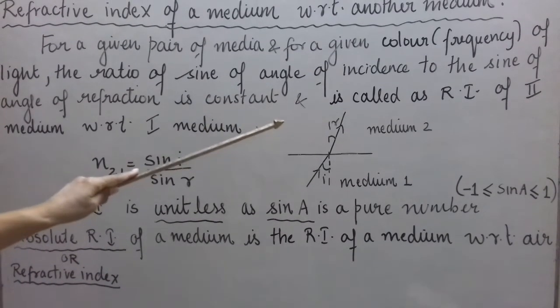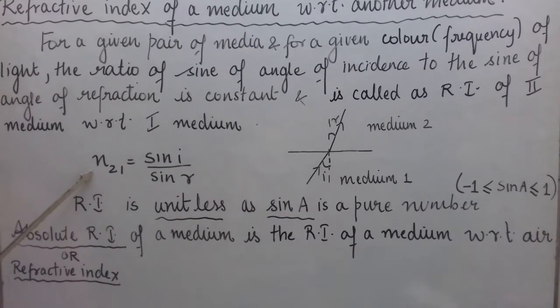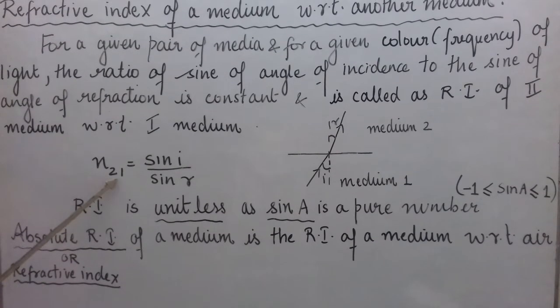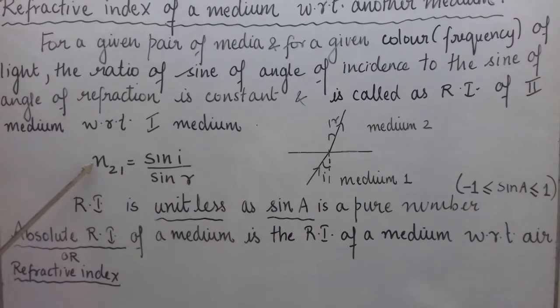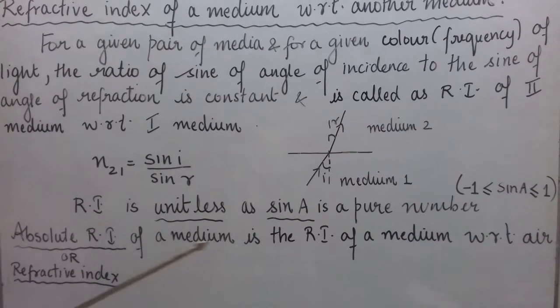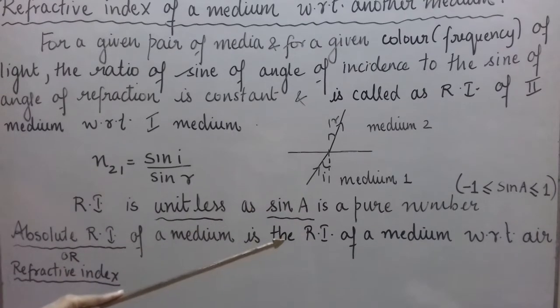If the second medium is water and first is air, again I will call it refractive index of water instead of saying refractive index of water with respect to air, I can simply say refractive index of water or absolute refractive index of water. So absolute refractive index or refractive index of a medium is the refractive index of a medium with respect to air, we can say.